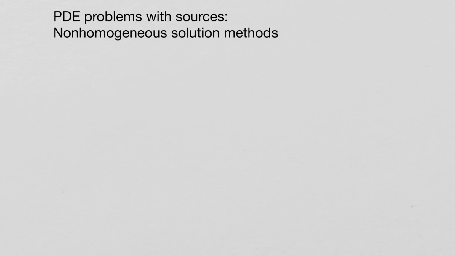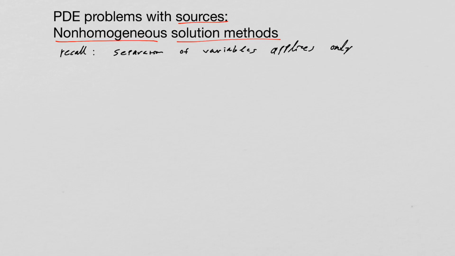So when you have sources, what you have essentially are non-homogeneous components to your PDE. So your solution methods are going to have to be different. Because recall, the separation of variables applies only to homogeneous problems.